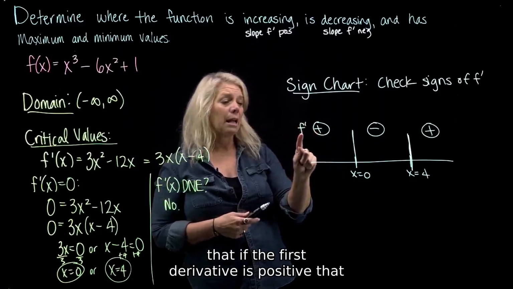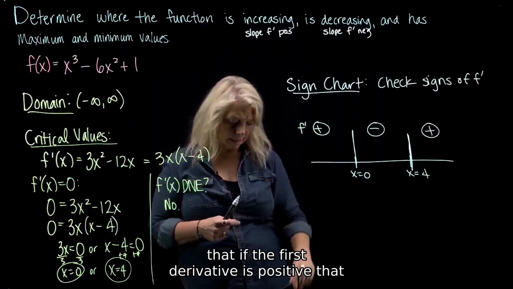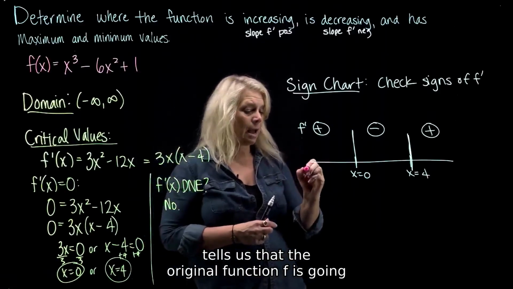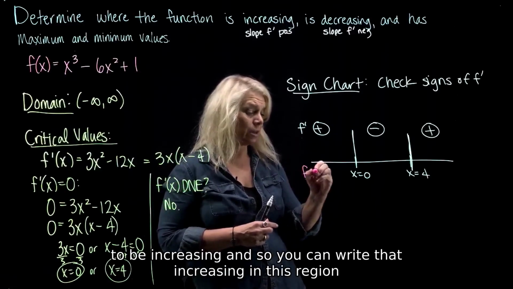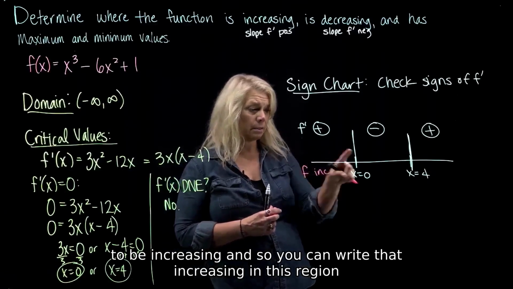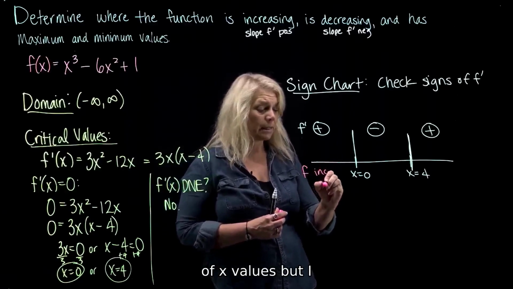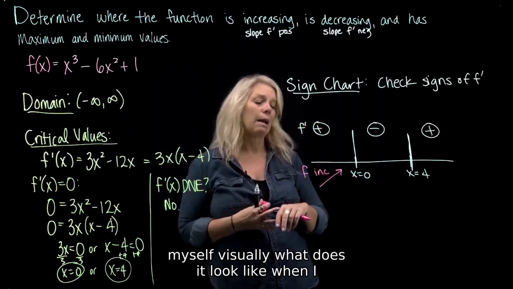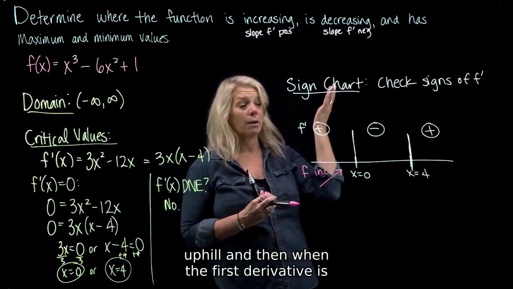So remembering that if the first derivative is positive, that tells us that the original function, f, is going to be increasing. And so you can write that increasing in this region of x values. But I sometimes like to draw an arrow just to remind myself visually what it looks like when I have a function that's increasing. It's going uphill.